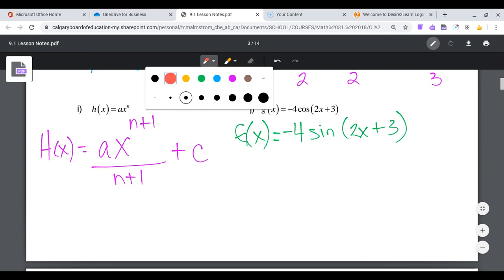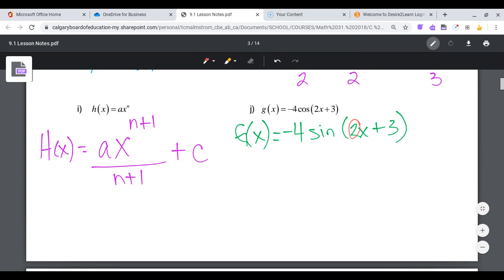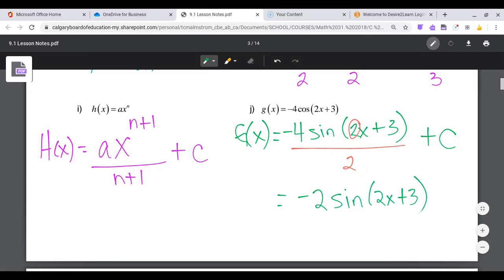Now, the k is the coefficient on x, okay? That's the number that goes underneath, and then we have our plus c. So this is equal to negative 4 on 2 is negative 2 sine of the argument, 2x plus 3, plus c.